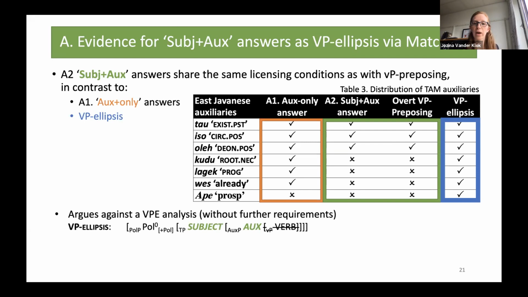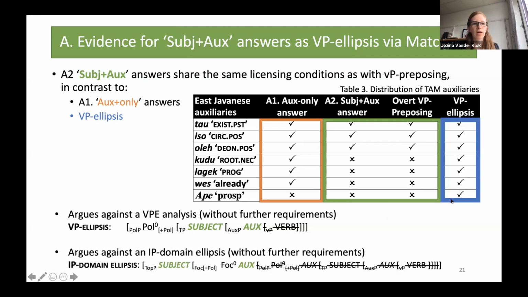Of course, without further requirements, one would have to say why the root necessity and these aspectual markers are not licensed with VPE in these contexts, but they are in VPE.